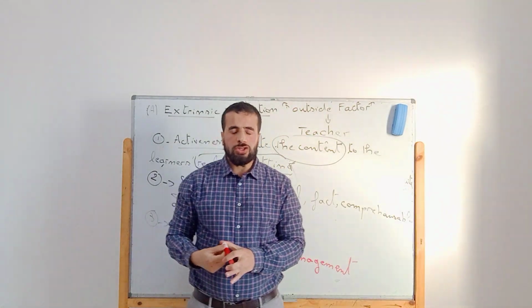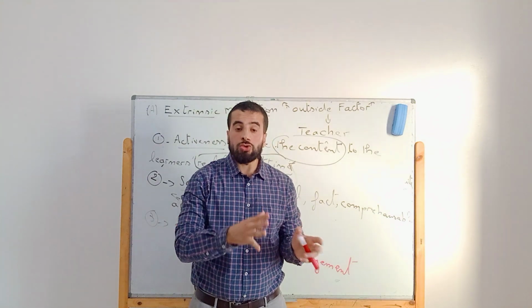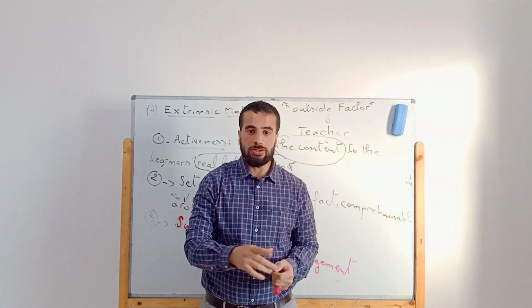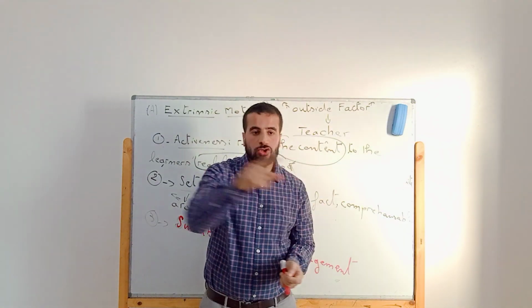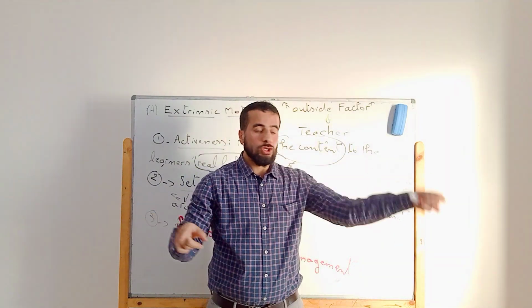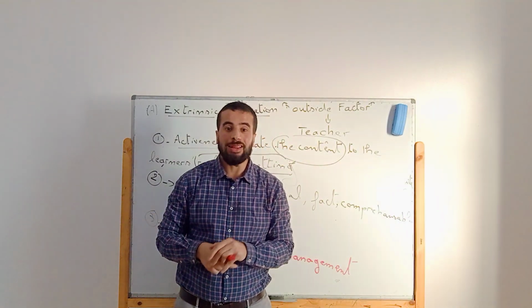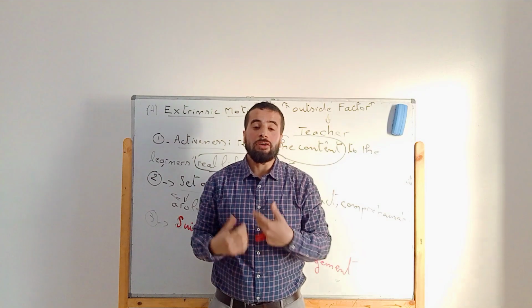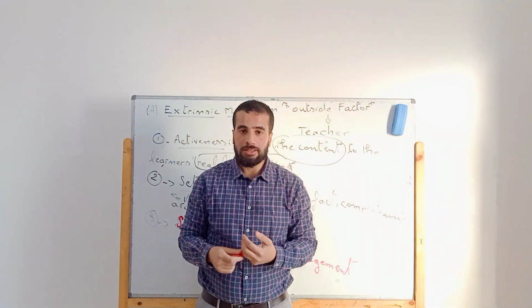Before you arrange your students into groups, let them choose their own partners. Do not tell them you need to sit next to this one or you should sit next to this one. No, let them choose their own colleagues.